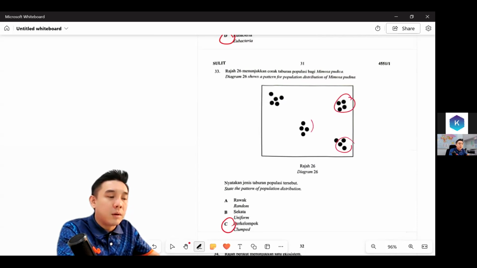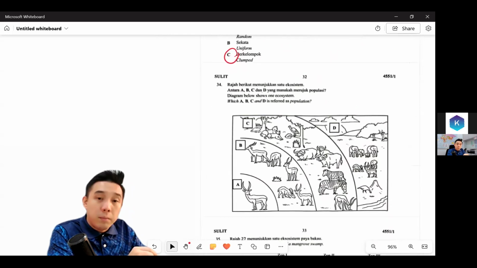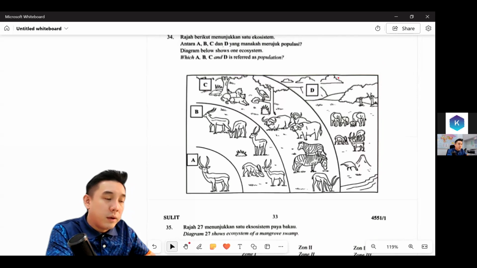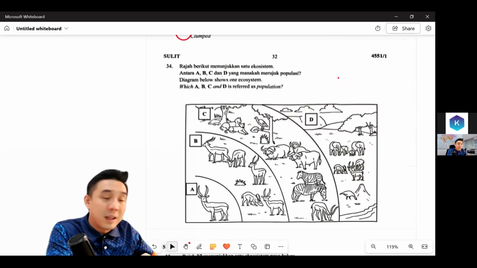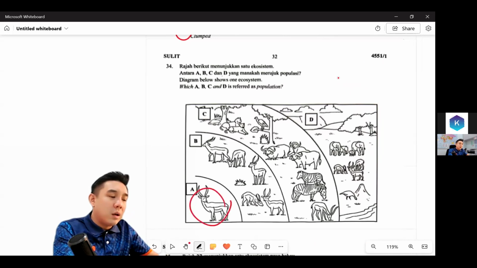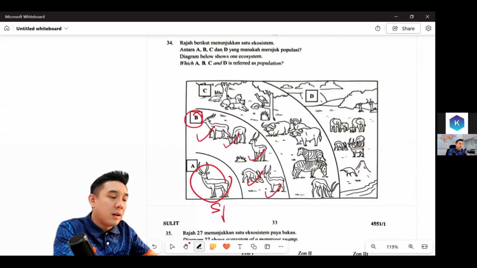Question 34, population always refers to the same species. The keyword is same species. So alone is not. The answer is B because all these are of the same species. So this is species, this is population, this is community.